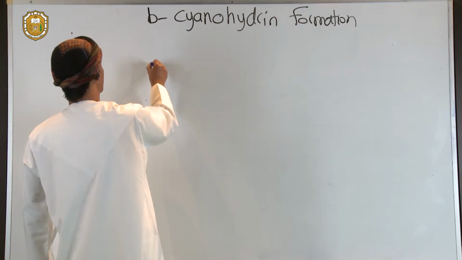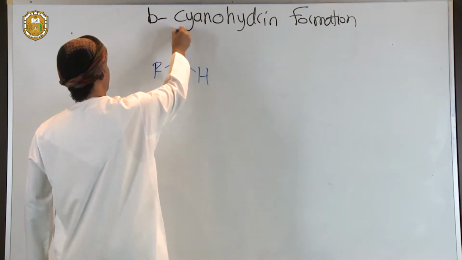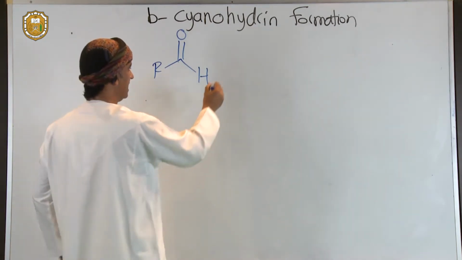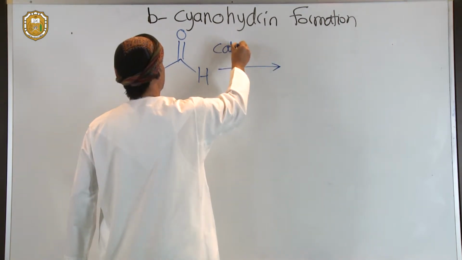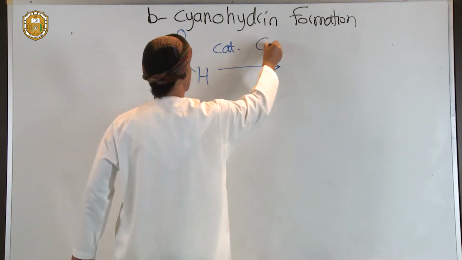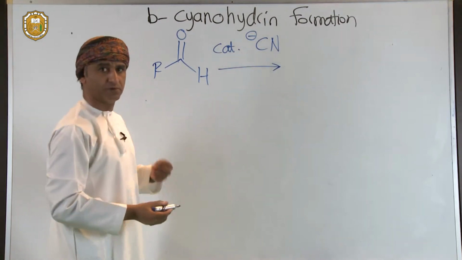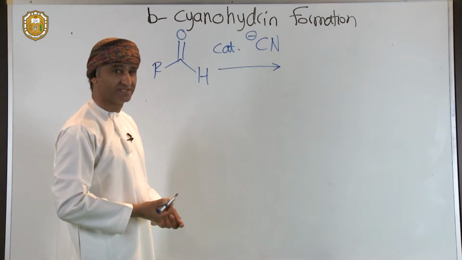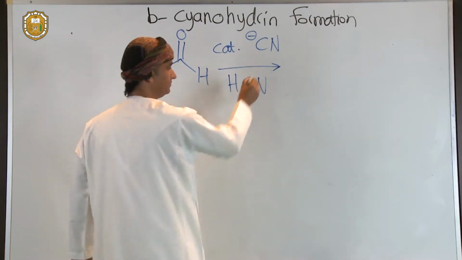So if you take a general structure for aldehydes, that's a general structure for an aldehyde, and now we react it with a catalytic amount of the cyanide ion in the form of sodium cyanide, for example, or potassium cyanide, in the presence of HCN.